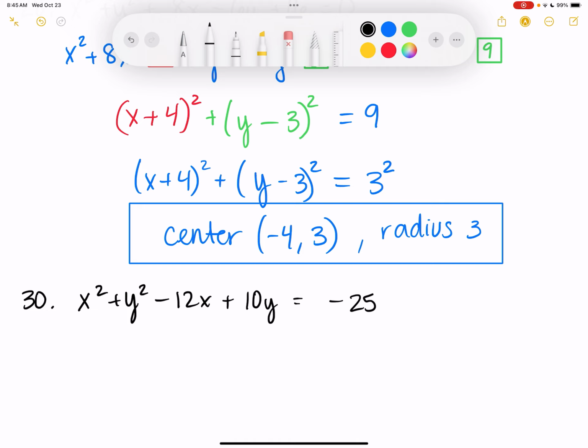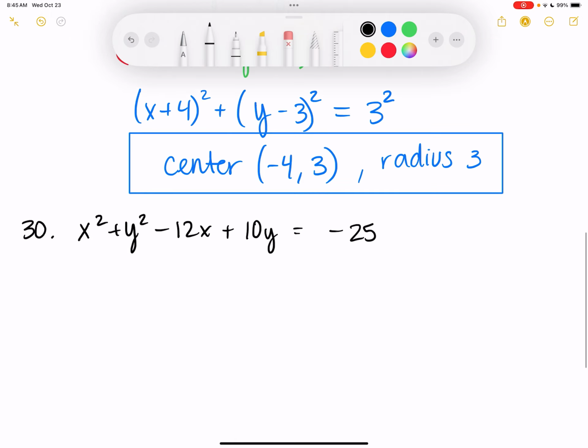But what I need to do is basically rewrite the stuff on the left with the x's together and the y's together so that I can then complete the square. So I'm going to have x squared minus 12x, leave some space, plus y squared plus 10y, leave some space, equals negative 25.